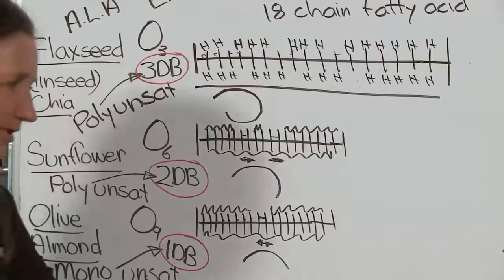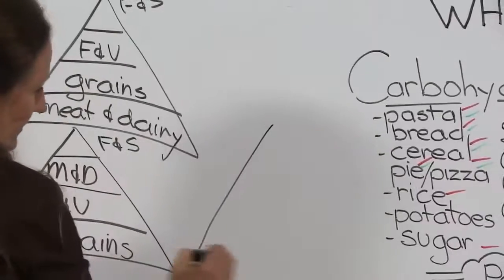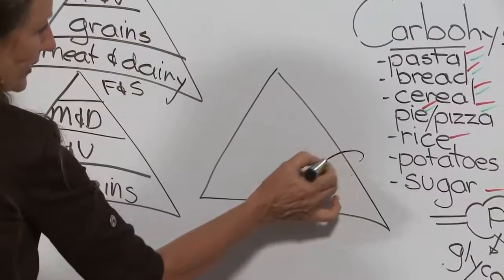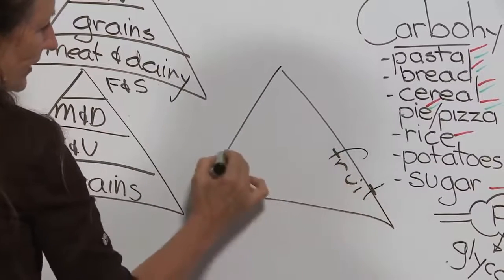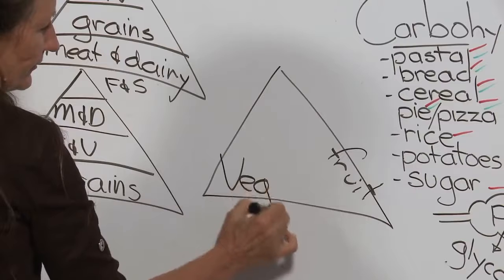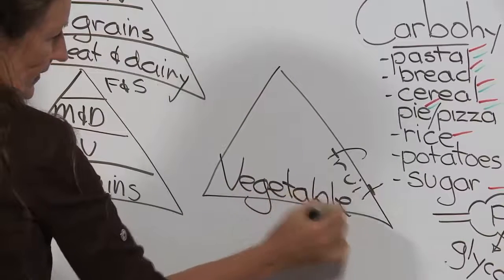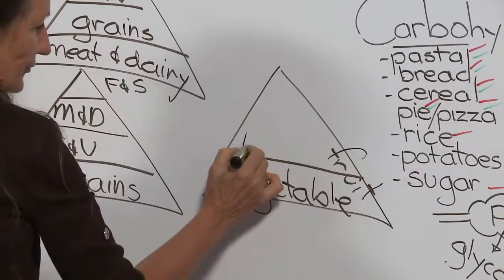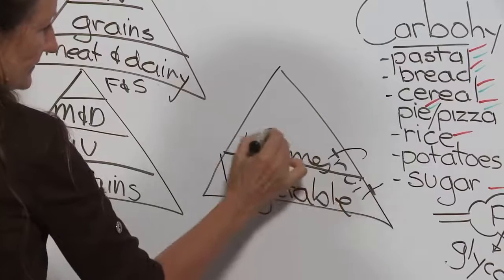Let's go back to our triangle. What should our triangle be? Fruit and vegetables. For some people, the fruit has to be reduced, so we'll put fruit on sideways, but vegetables, no limit on the vegetables. And the next rung, legumes, seeds.